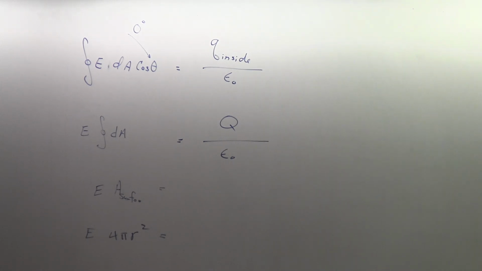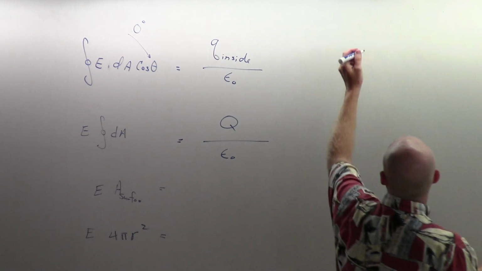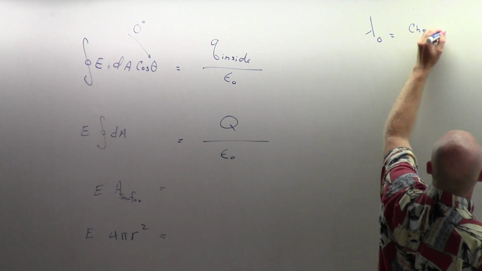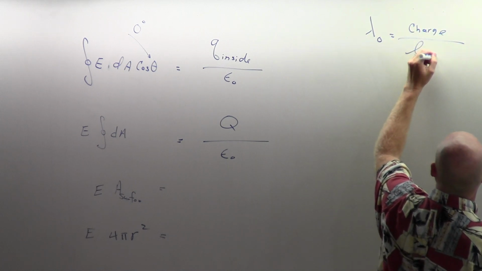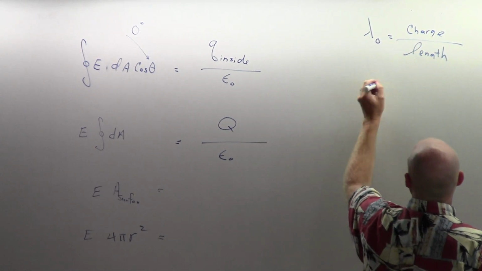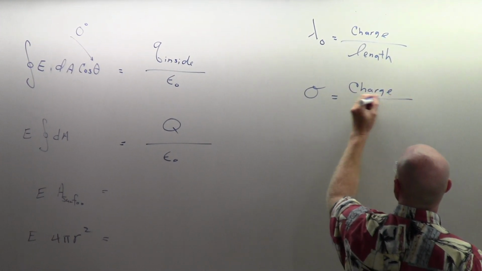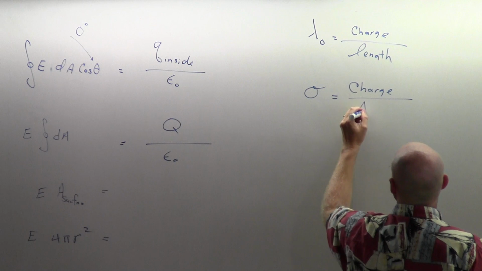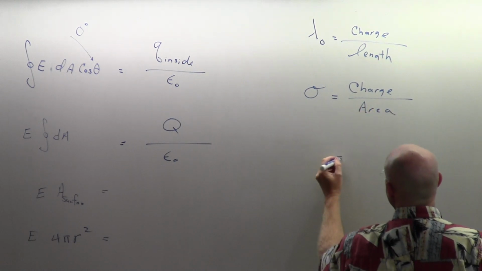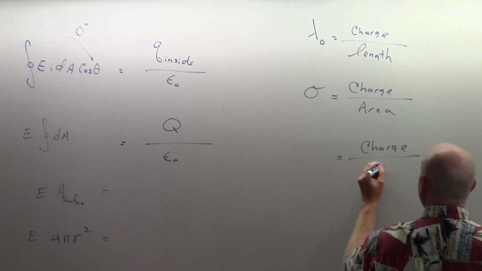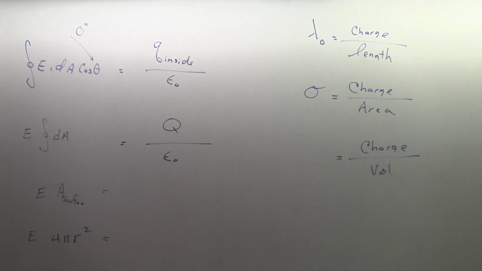You could have done this. Remember how we've used the symbol lambda for the charge per length? And we also saw only one time a symbol sigma that we like to use for charge per area. Since this is three-dimensional, we could call something the charge per volume.